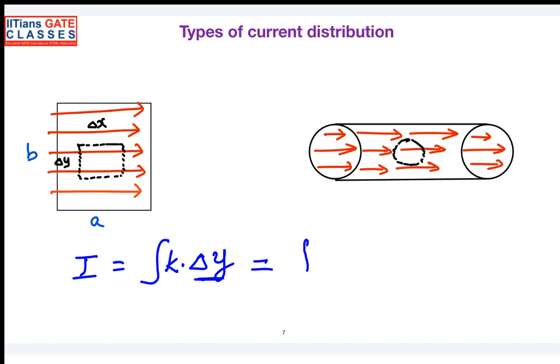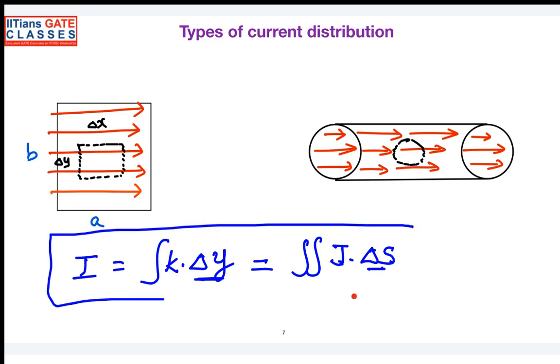In terms of volumetric, that is the double integral of J into delta S. If J lies in the direction of X, this delta S is nothing but the YZ plane. Suppose J lies in the Z direction, this differential surface will be dx into dy, like that. The current is in the order of amperes, the surface current is in the order of ampere per meter, and the volumetric current is in the order of ampere per meter square.